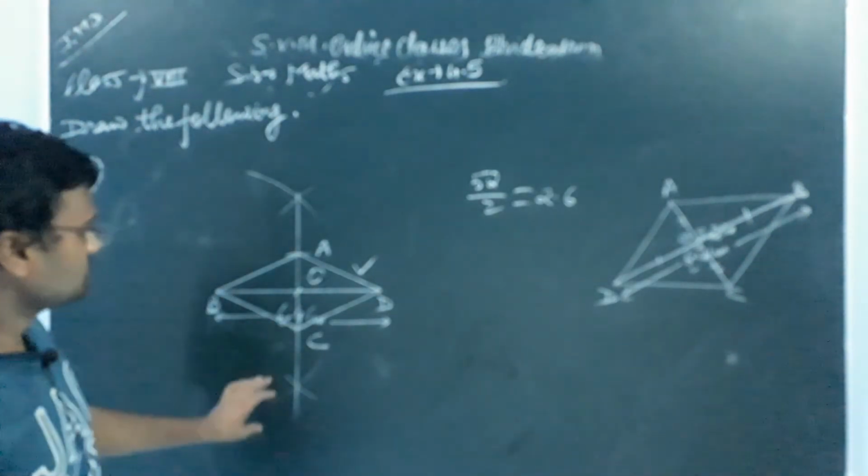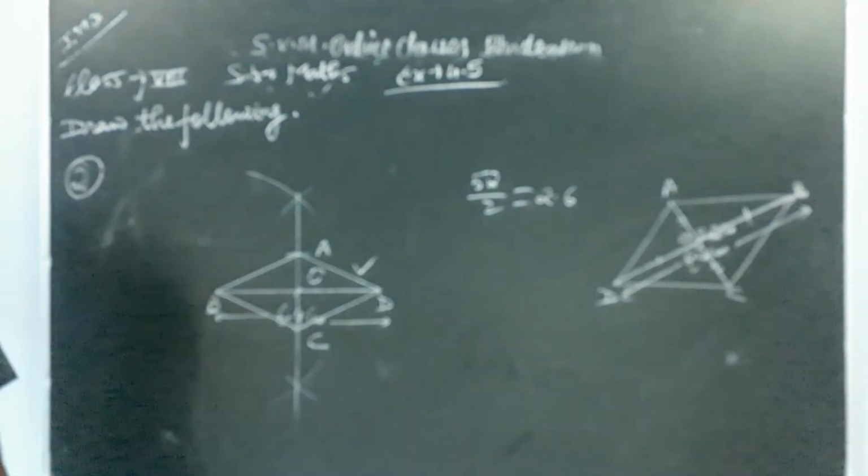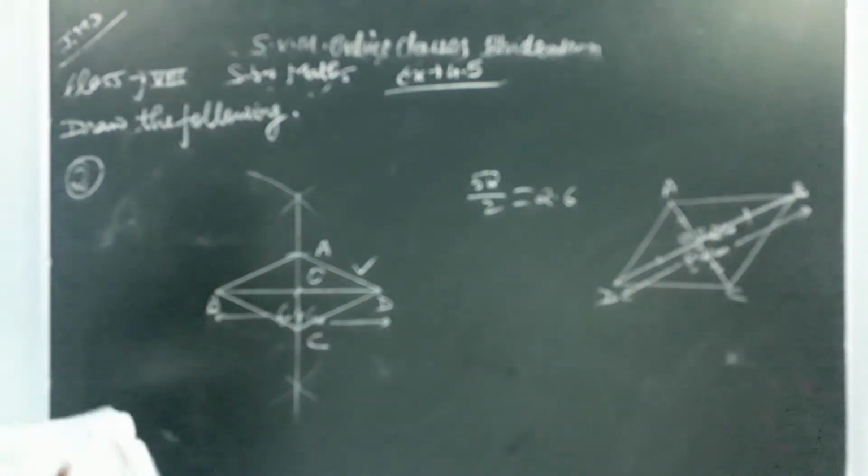ABCD is our required quadrilateral, our required rhombus. I am just repeating this question, so listen very patiently.